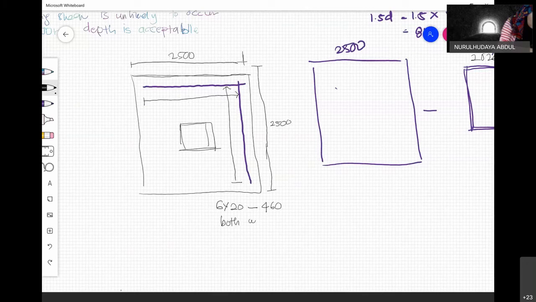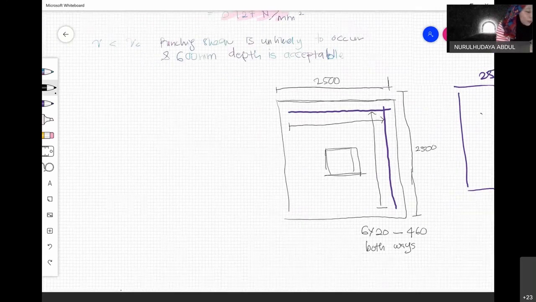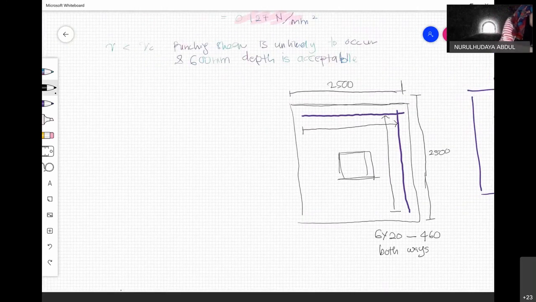Both ways. Why both ways? Meaning longitudinal and latitudinal bar. They cross each other. So dua-dua arah tu samalah, bar yang sama. Okay. Jadi ini adalah untuk plan view. Okay, the other one kita kena lukis juga cross section.